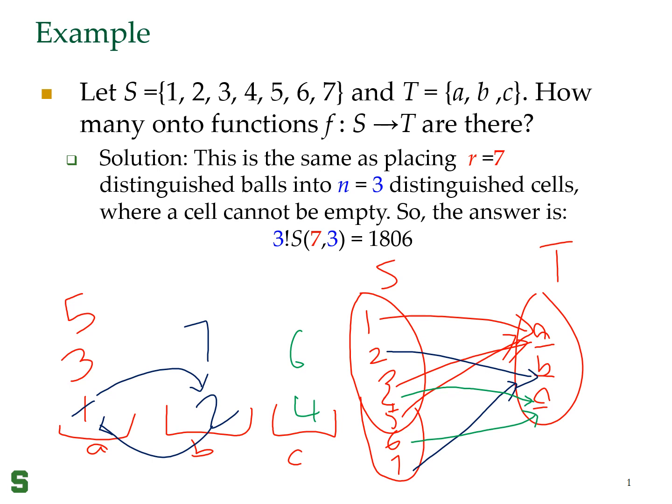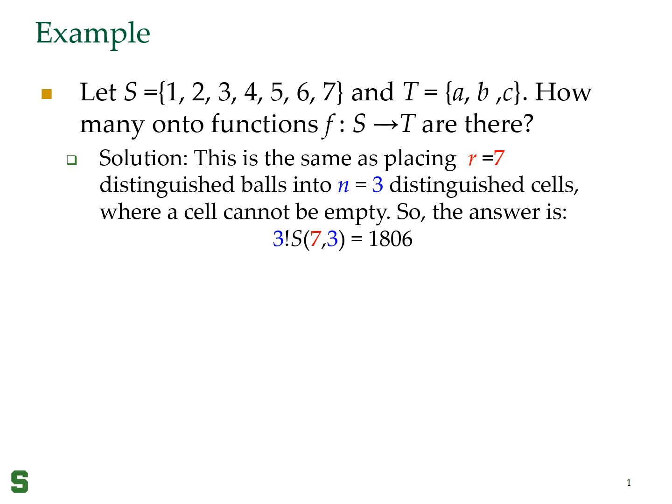Likewise, buckets are distinguished as well, because if I call this the bucket B and I call this the bucket A, that would mean that 1, 3, and 5 are going to be mapped to B rather than to A. So in this case, the cells are distinguished as well.